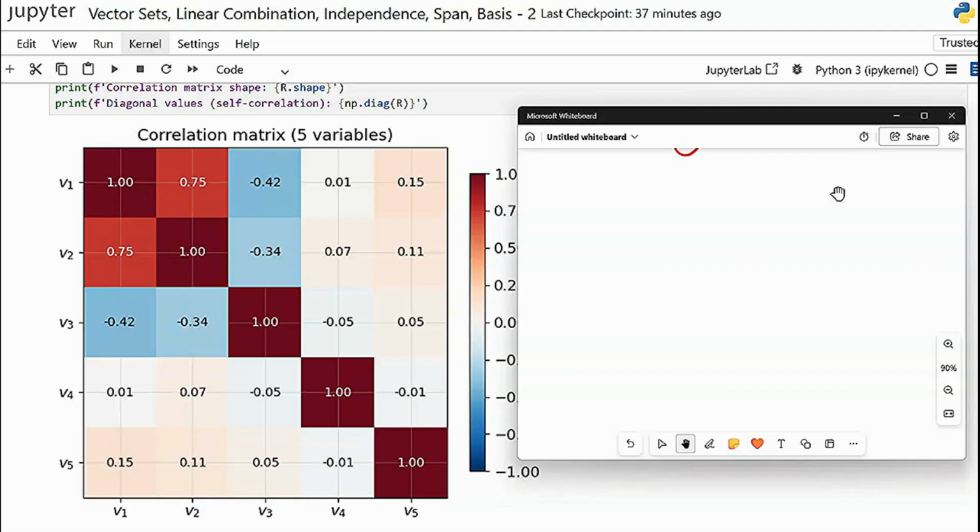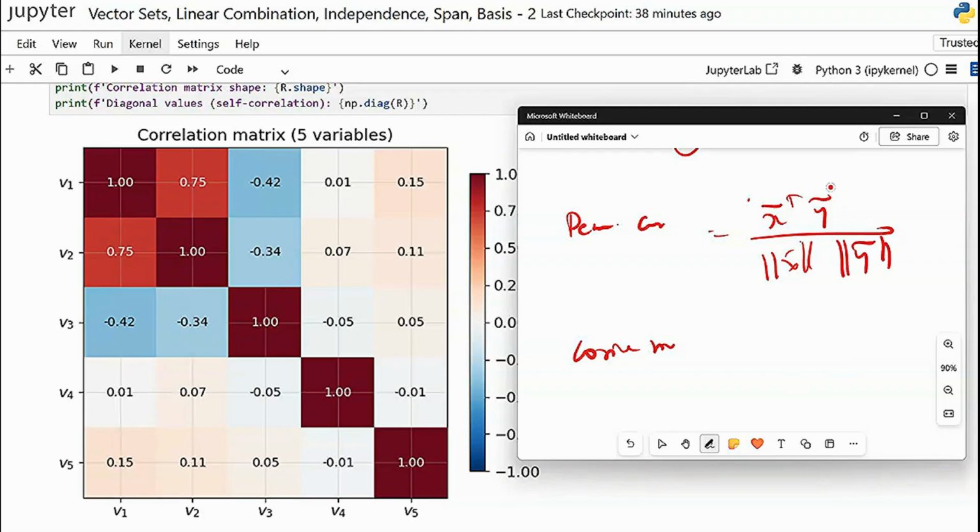We applied them directly to one particular concept, that is Pearson correlation and cosine similarity. The Pearson correlation is the dot product of mean-centered variables. As I have already said, it is the mean-centered x transpose times mean-centered y, divided by the norms of the mean-centered x and y. Cosine similarity uses the same formula but without mean centering.